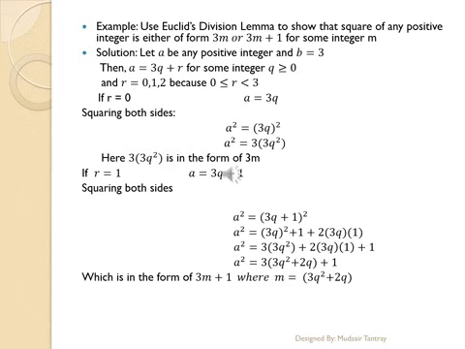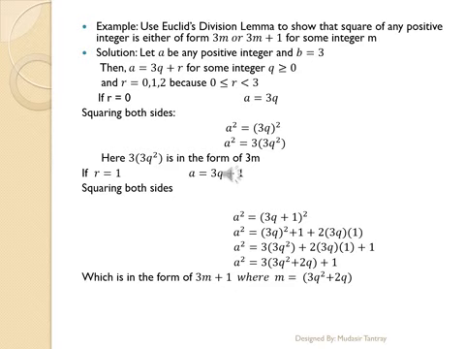Now if our remainder is equal to 1, then a must be equal to 3q plus 1. Again squaring both sides, it becomes a square is equal to (3q plus 1) whole square.